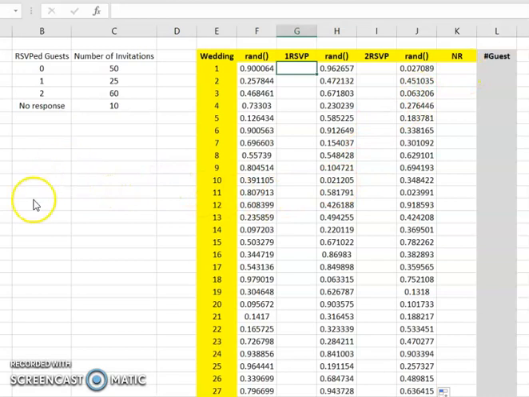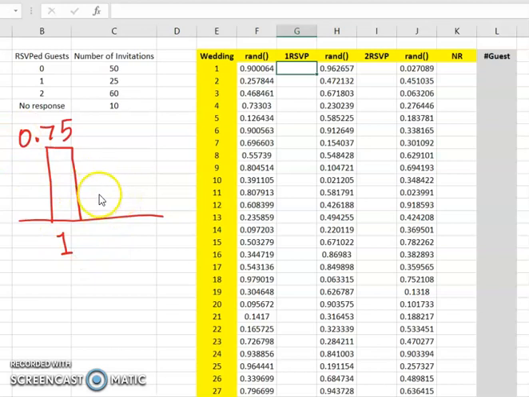So if I want to draw the probability distribution model, it would be this: 0.75 for 1, 0.20 for 0, and for 2, this. So now we have this discrete probability distribution.